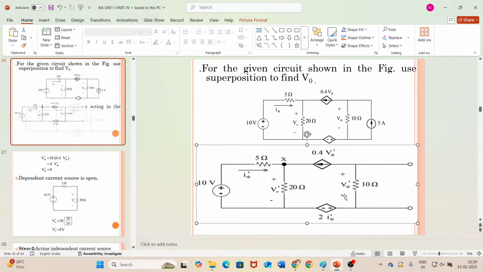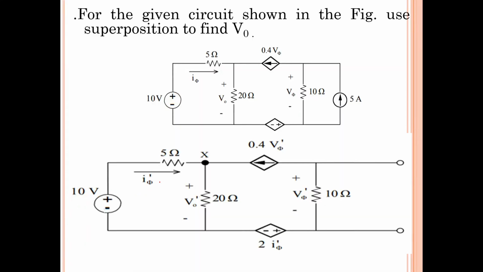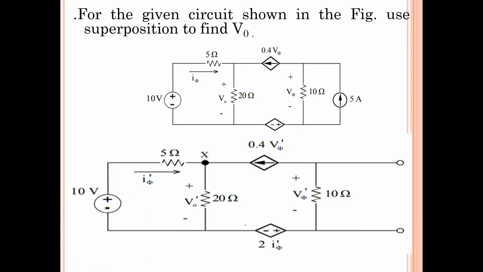I just modified the currents: I5 became I5 dash, V0 became V0 dash, 0.4 V5 became 0.4 V5 dash, and 2 I5 became 2 I5 dash. So copy the circuit properly.